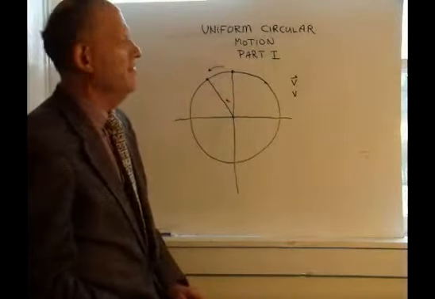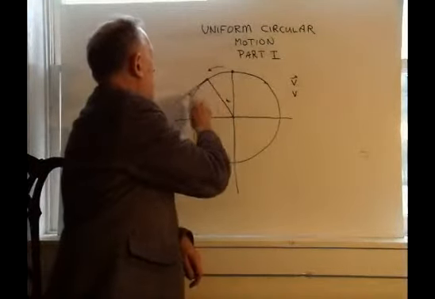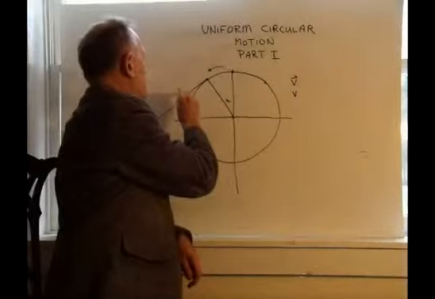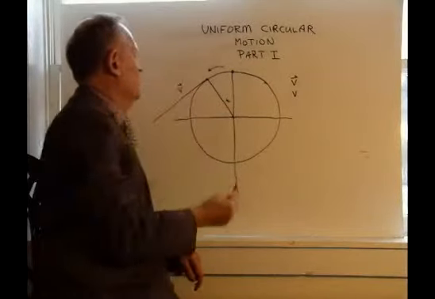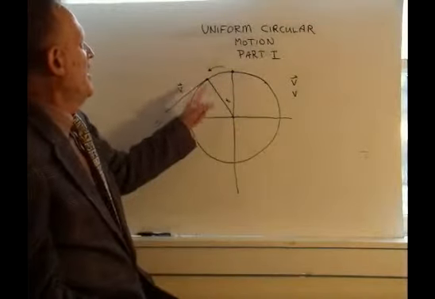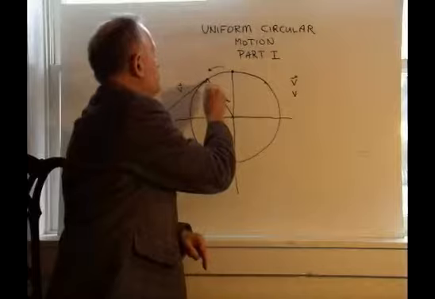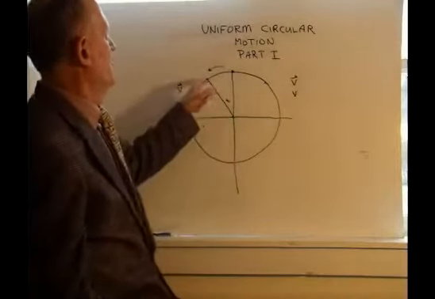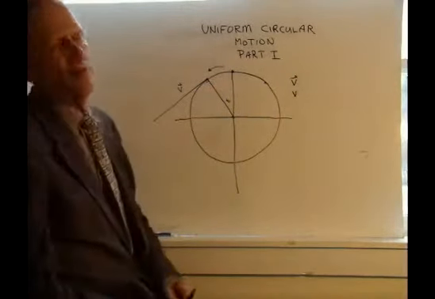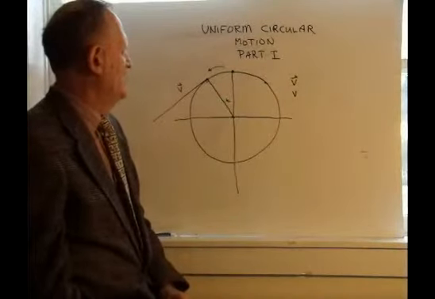And at any particular instant, the direction of the velocity, which we call v, is going to be on the tangent line, the line perpendicular to the radius at the point where the body is and passing through that point.